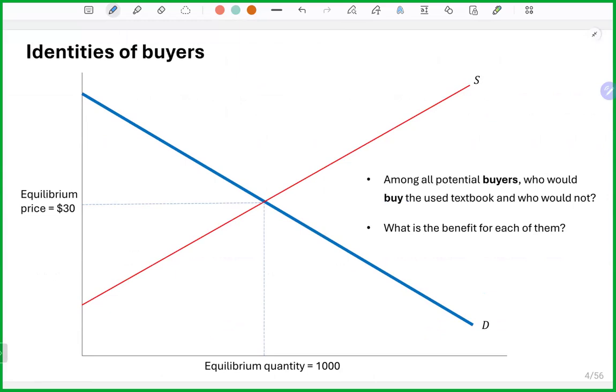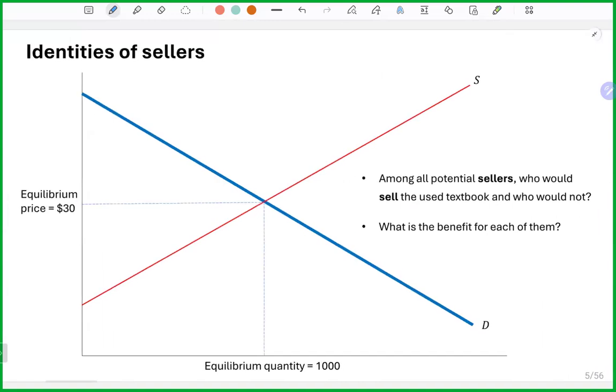So we can know who buys the book and who will not. So we can determine identities of buyers. Now sellers. Who sells the book?